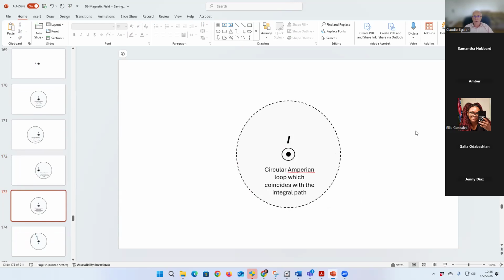So let's continue with the circular Amperian loop, which is centered at the wire. To make things simpler, I'm going to choose a direction of flow of the loop in the counterclockwise direction. Why is that? Because the counterclockwise direction coincides with the direction of the current, okay?